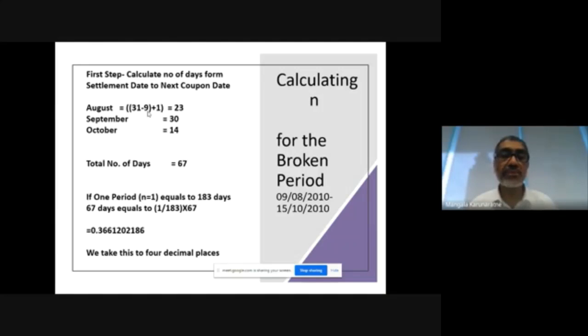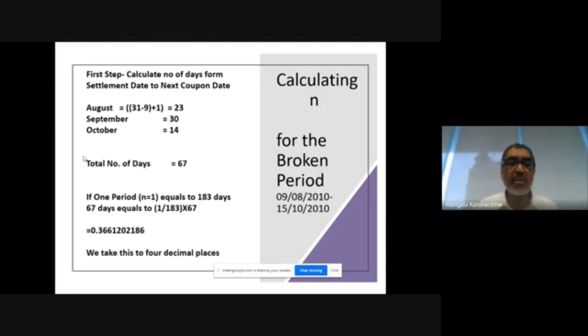So now we try to calculate. We said one n period is equal to one coupon period, right? Now we are talking only about the present coupon, because only this coupon has this issue. Other coupons we don't have this for, because they are entire coupon periods.